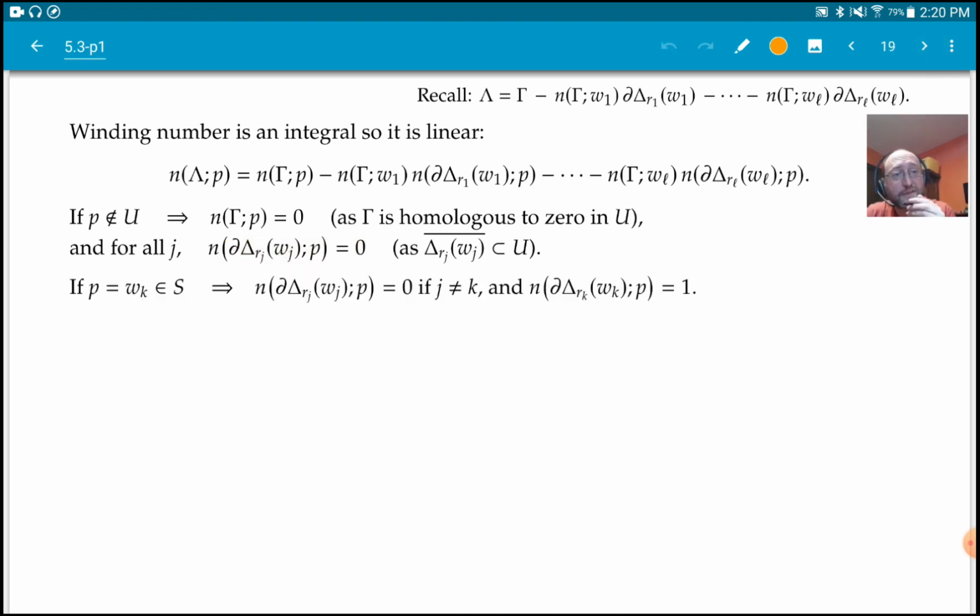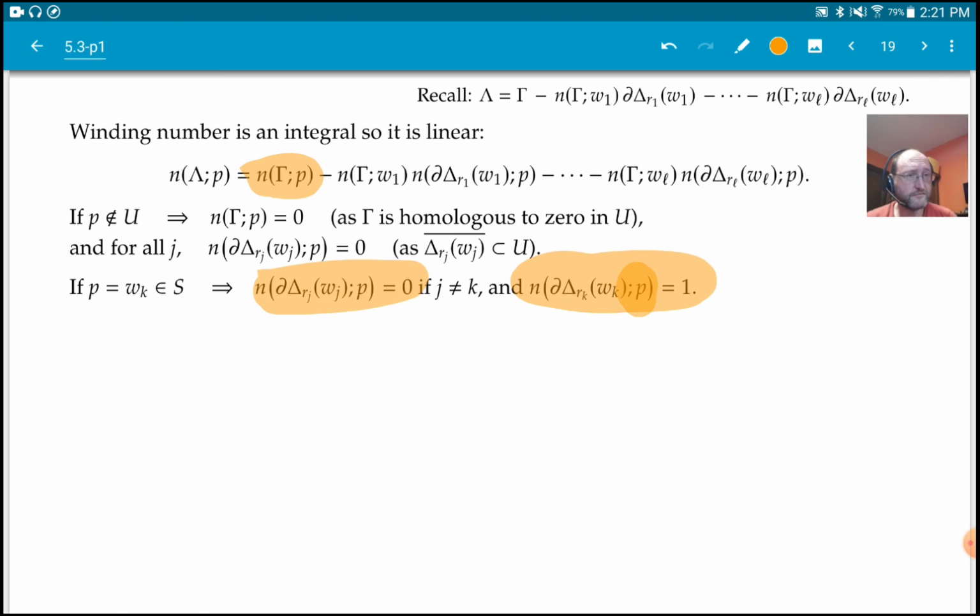Now, if P is one of the points of S, then gamma can wind around P, might or might not, as we saw before. But because all these little disks were disjoint, only one of them is going to wind around this P. If P is W to the K, it's really W to the K, so that's one, but it's the only one.